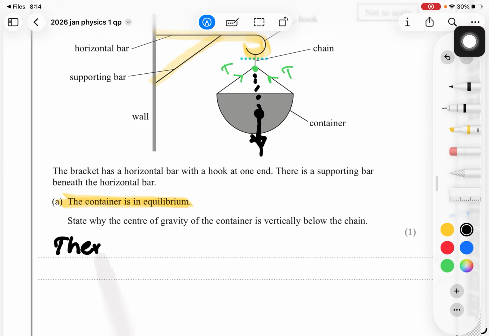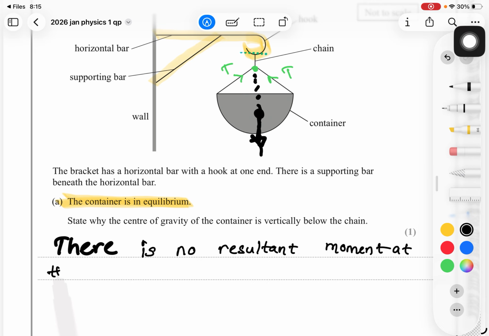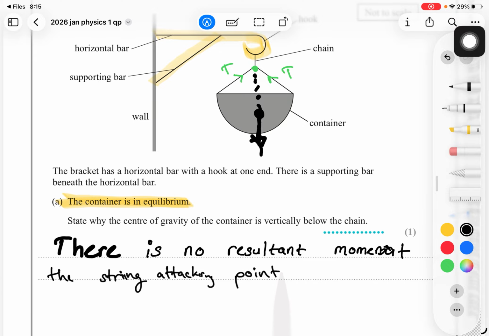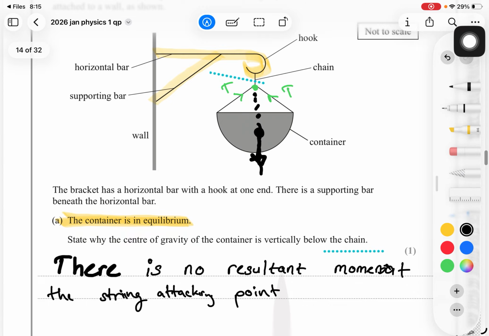There is no resultant moment at the, if we want to exactly say the point as well, we can say the string's attaching point. So what is important to grab the mark is saying that there is no resultant moment. Other than that, this is okay.